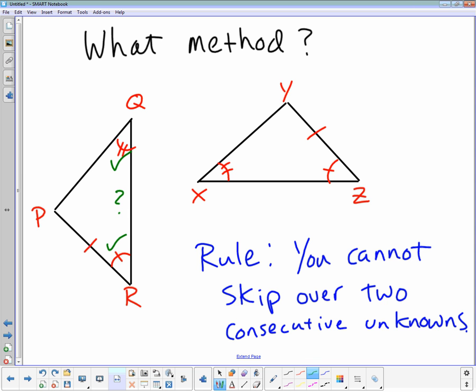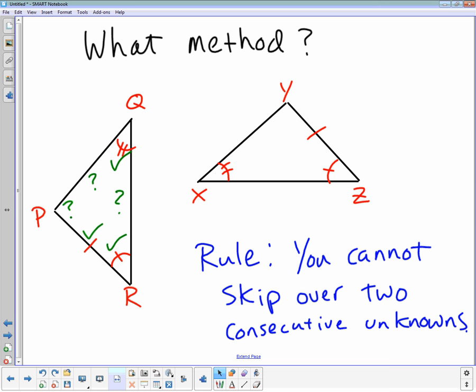PR? Yeah, I got a tick mark on that one. Angle P? I don't know angle P. What about PQ? Do I have any? No, I don't know anything about it, do I? Right? So that's an unknown.